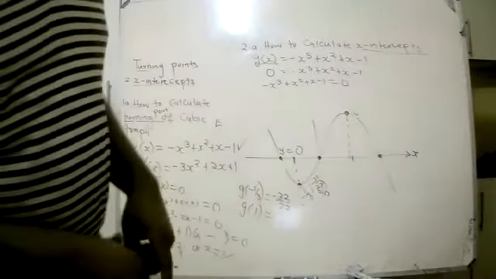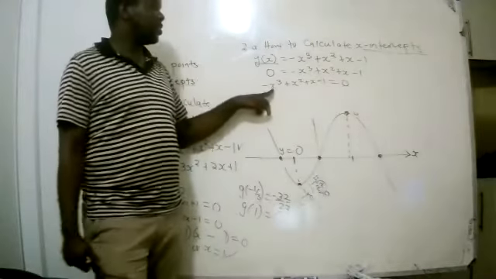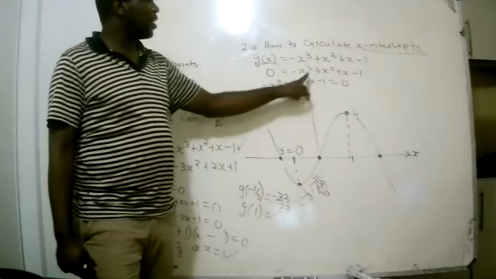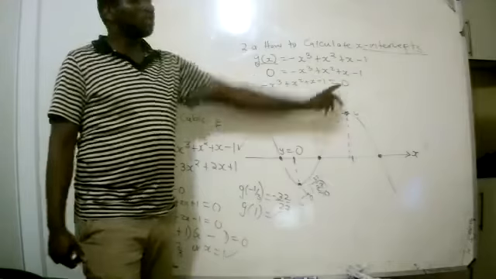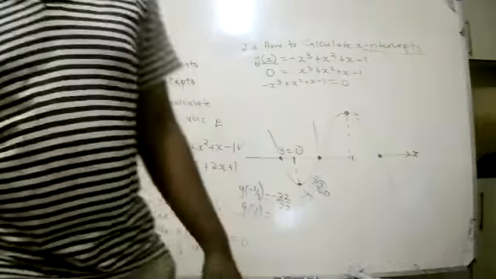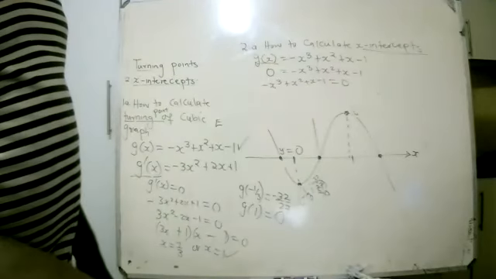You are allowed mathematically to rewrite this expression as that. It's a matter of saying 0 is equal to this, which is the same as saying this is equal to 0. Is that okay? Yes. Is that fine?